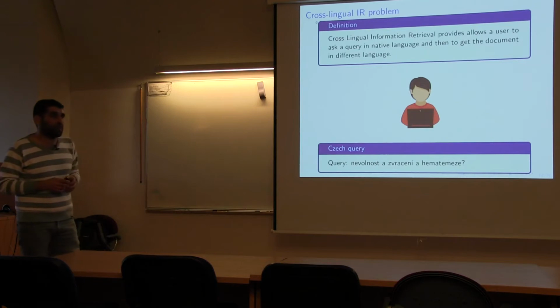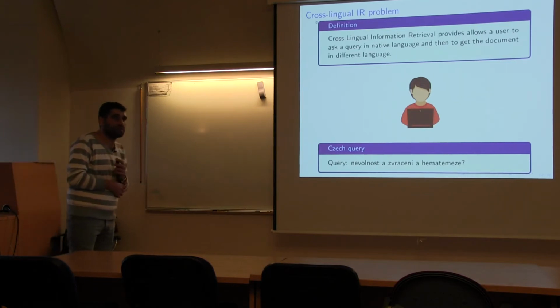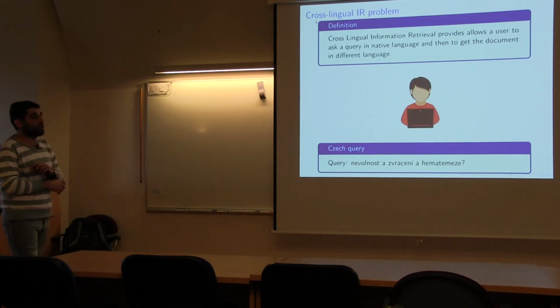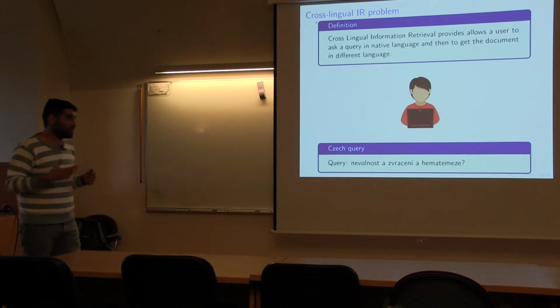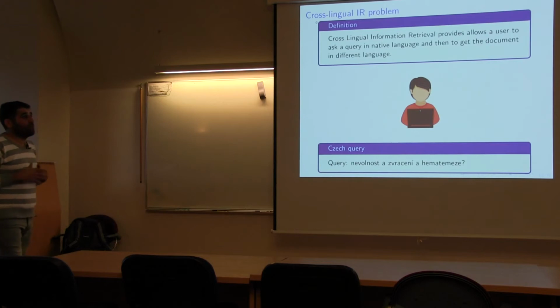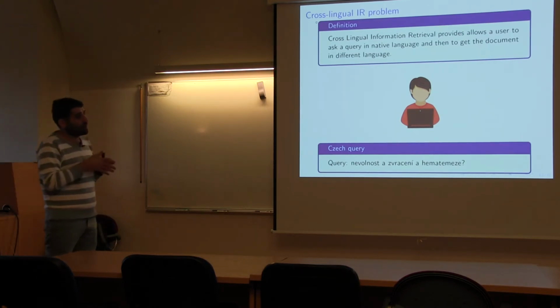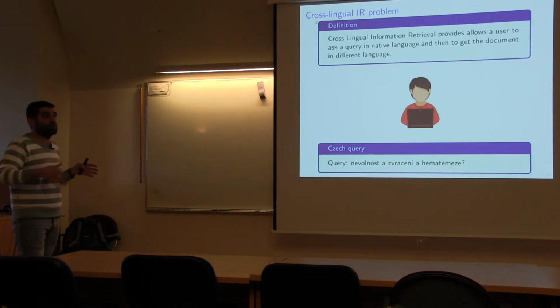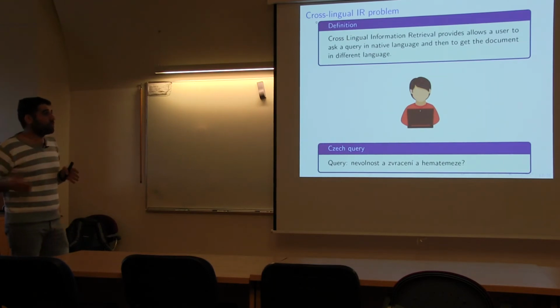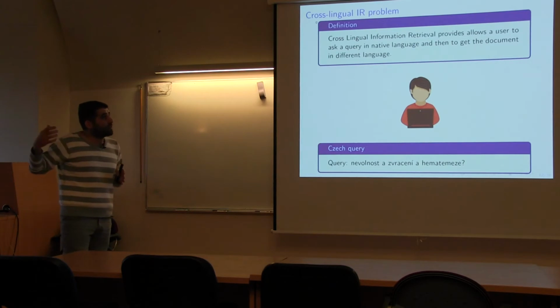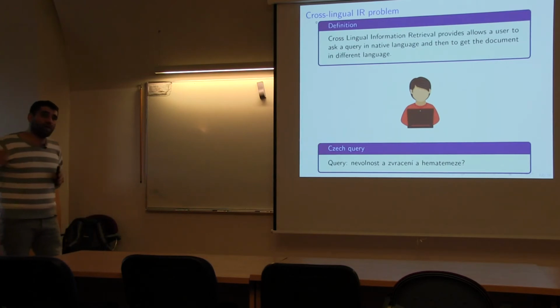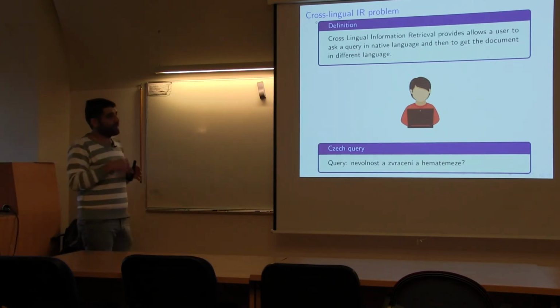Like German, for example, I think in 2007, the amount of growth for the German language was pretty huge. So here we have some barrier between the user who wants to find some information on the internet, and the case that this information is not available in his language.